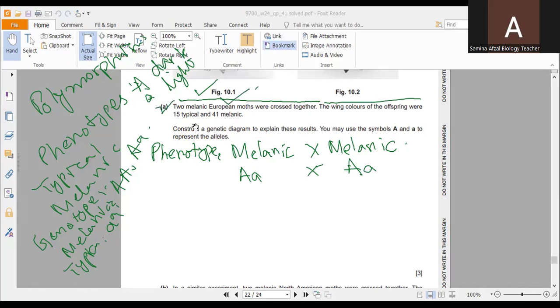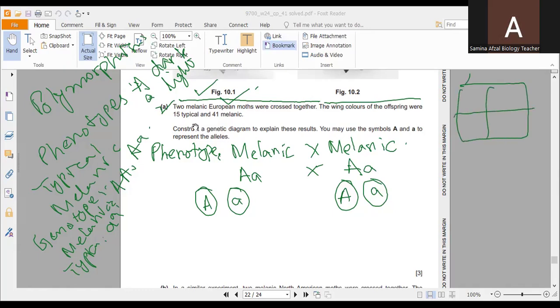So the gamete formation, and then with the help of the Punnett square, we can construct capital A small a, capital A small a. So it can be capital A capital A, capital A small a, capital A small a, small a small a. Capital A will represent melanic, melanic, melanic, and typical.